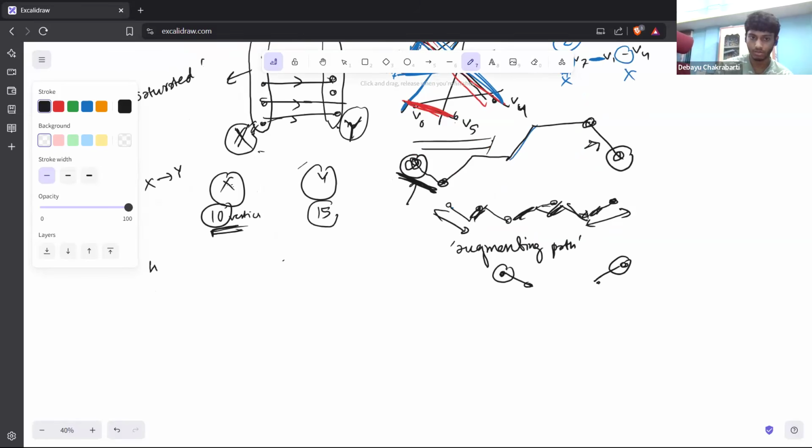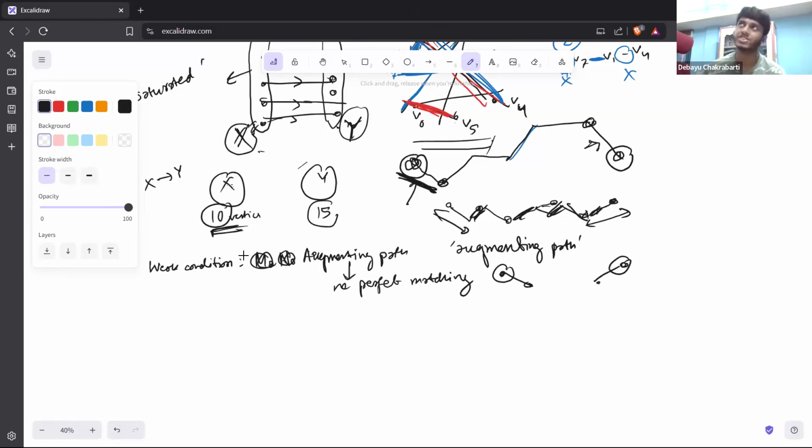So we had a weak condition, but now we want to think of a stronger extension, that if you have no augmenting paths, essentially you can characterize perfect matchings with it having no augmenting paths.